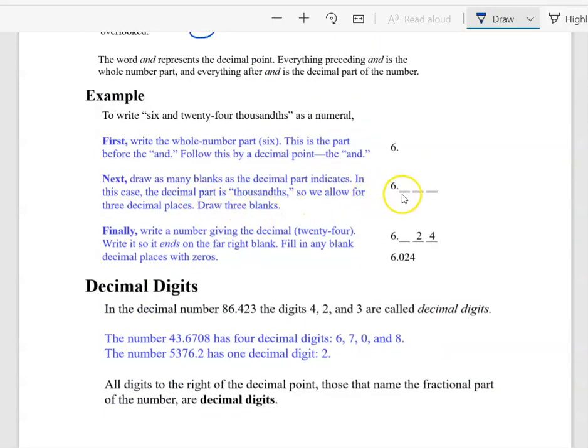And so they drew 3 decimal places. Then it says write a number giving the decimal 24. Write it so it ends on the far right blank. So they wrote 24 because they knew the 4 was in the thousandths place. Then you have to go back and fill in the missing spot with a 0.